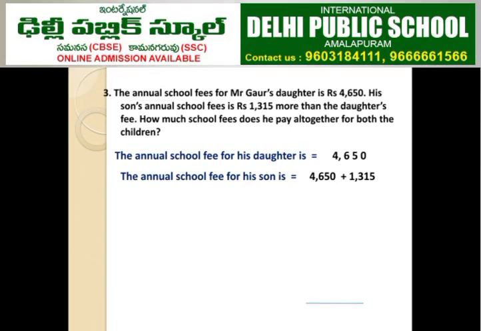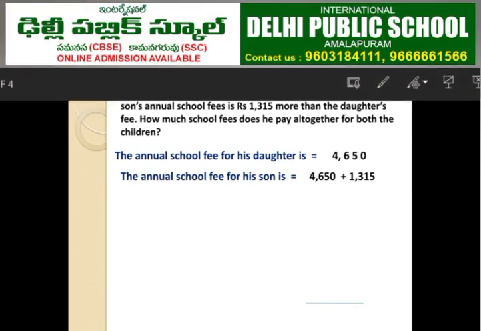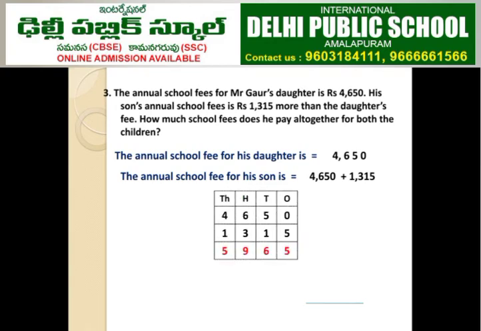Then let's find out 4650 plus 1315. So what do we get here? 5965. If you still have doubt, you can find out by using a rough paper so that you can get clarity. So 5965.